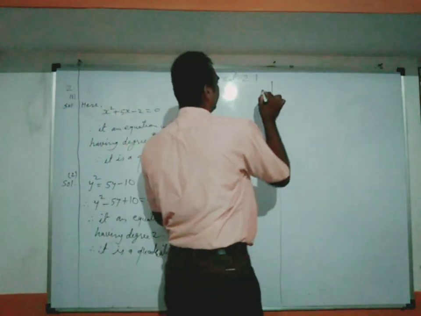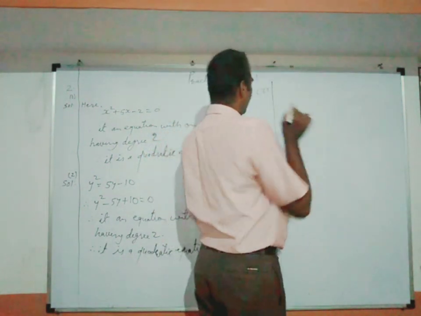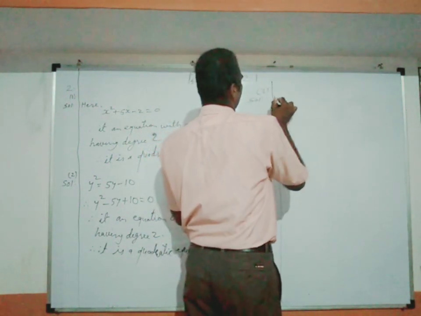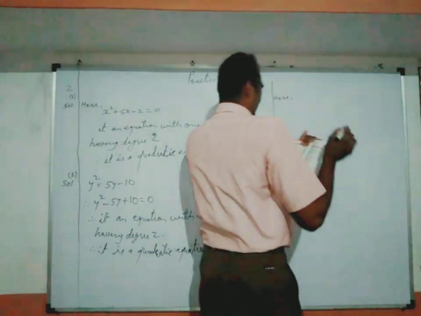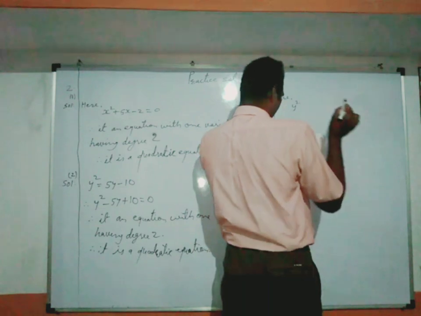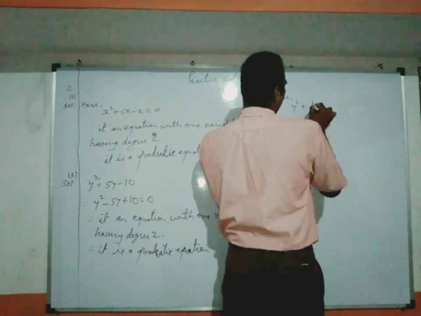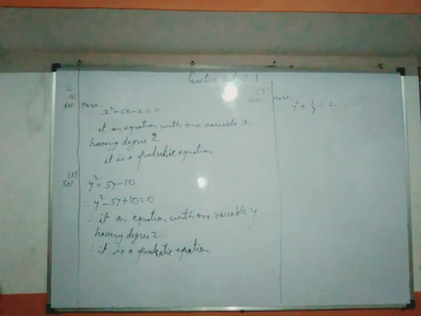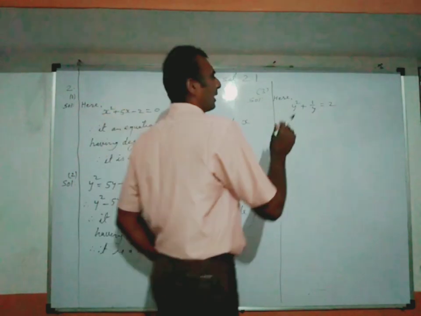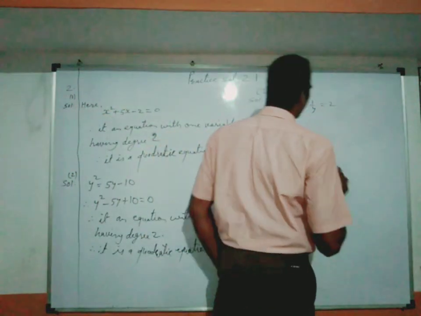Number 3. Solution. Here, equation is y square plus 1 upon y equal to 2. To convert this equation in linear form, we need to multiply LHS as well as RHS by y.